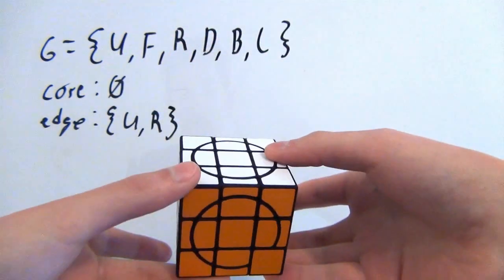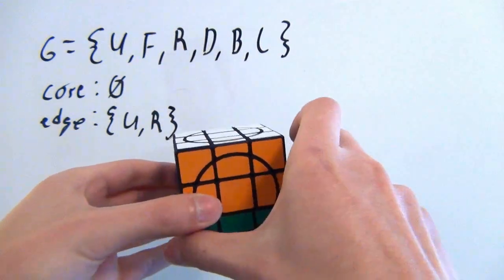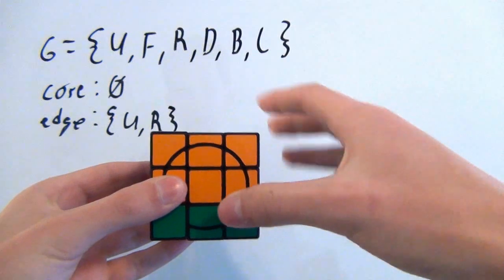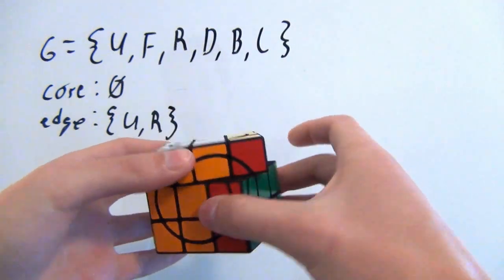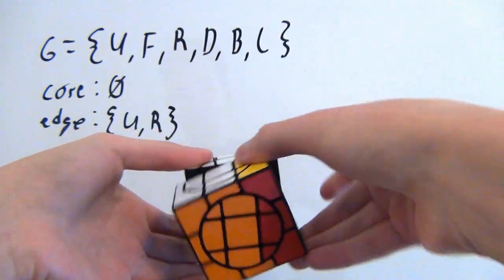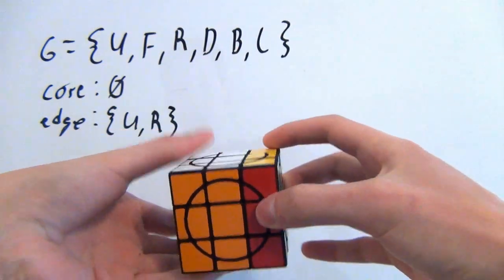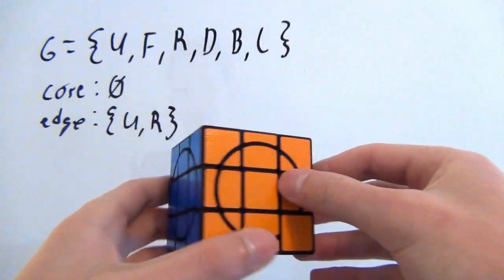And if we try to move F, nope, doesn't move. If we try to move L, nope, doesn't move. If we try to move D, doesn't move. If we try to move B, it doesn't move. So there we go. It moves with just these two grips and not with the other four.